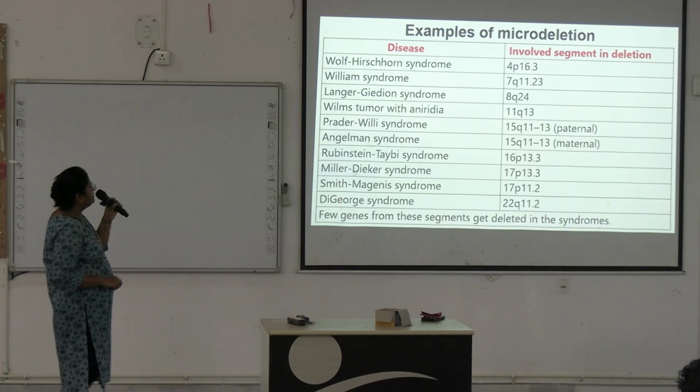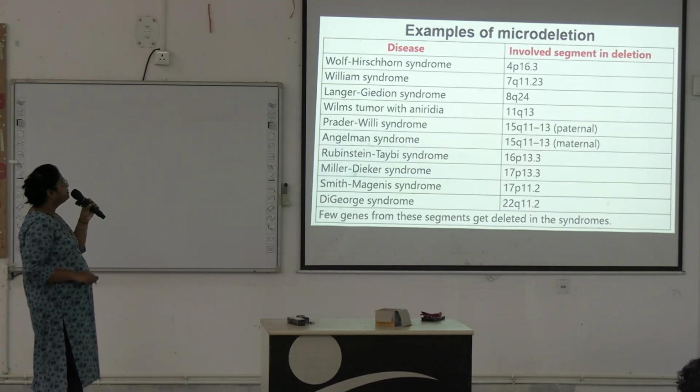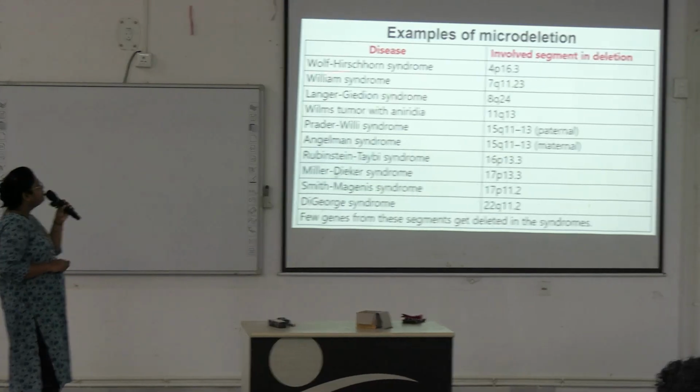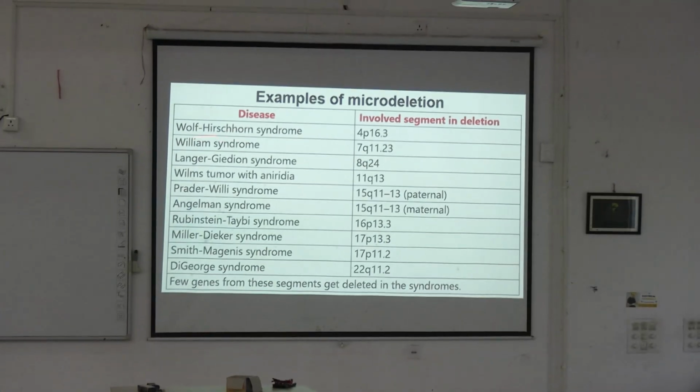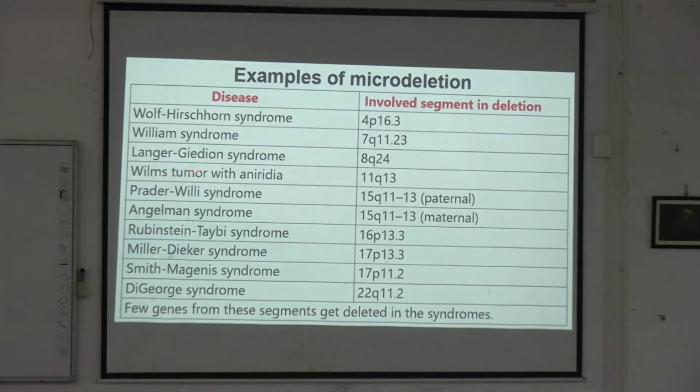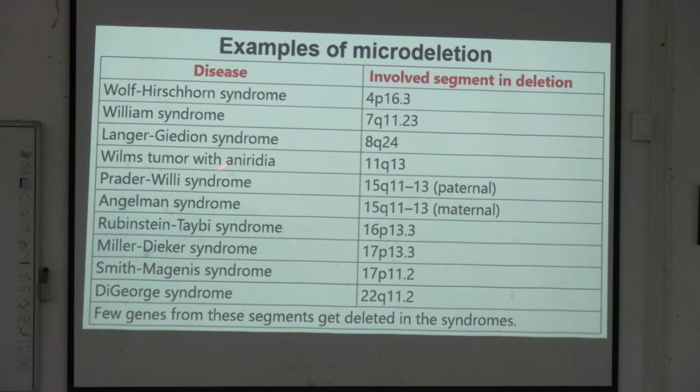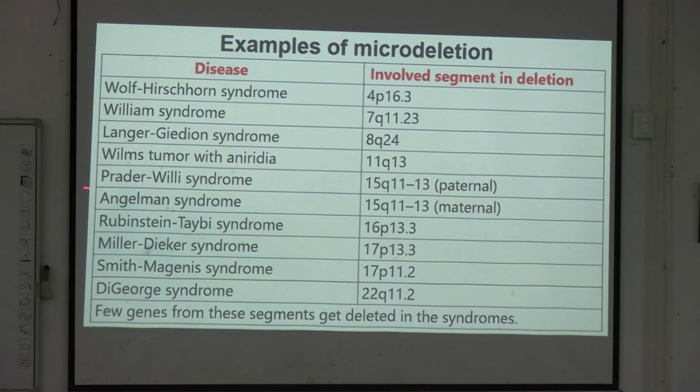So these are the different disease conditions that occur due to deletion: Wolf-Hirschhorn syndrome, Williams syndrome, Langer-Giedion syndrome, Wilms tumor with aniridia, Prader-Willi syndrome, Angelman syndrome. See here, these two occur due to deletion of the same part of the chromosome, but in Prader-Willi syndrome the paternal chromosome is involved, and in Angelman syndrome the maternal chromosome is involved.